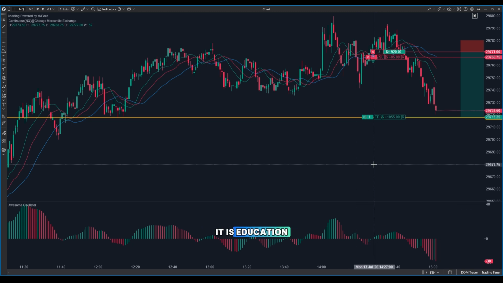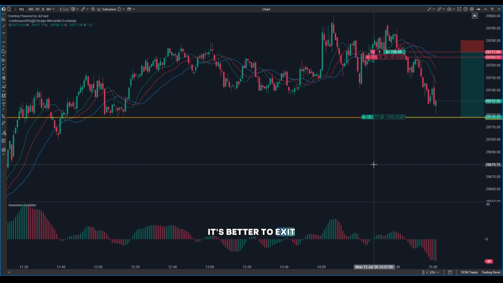And since it is education, we don't want to remove the take profit or stop level. That's trading psychology, especially once you set your stop loss. Do not move it. You can move it closer to your entry, but do not move it away from your entry. That would result in a bigger loss. If we are wrong, then we are wrong.